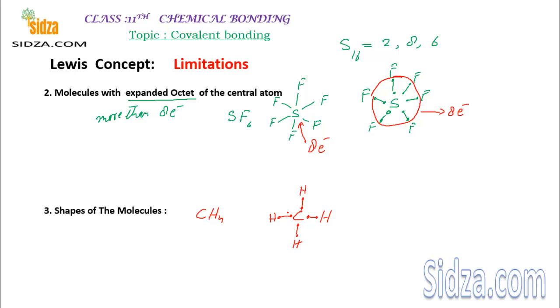We know that the methane molecule's shape is tetrahedral. But why is the shape tetrahedral? The Lewis concept has no answer. It does not explain how we can determine the shape of a molecule. So we do not get this kind of information from the Lewis concept. Hope you got the concept.